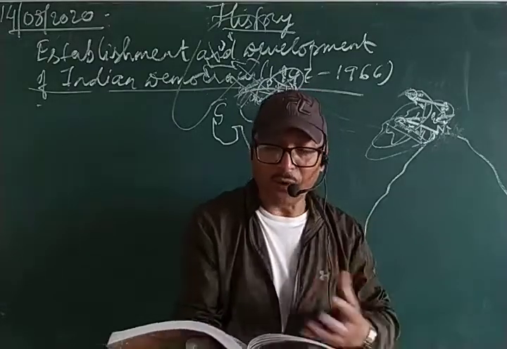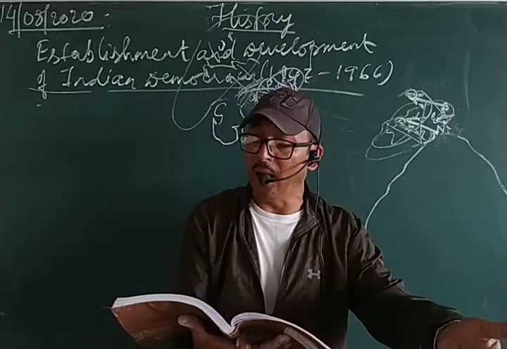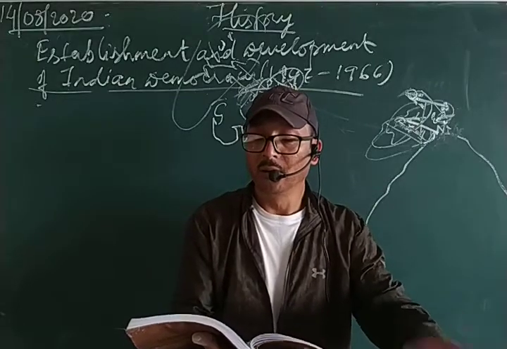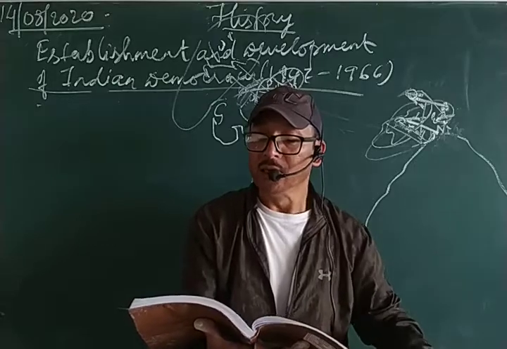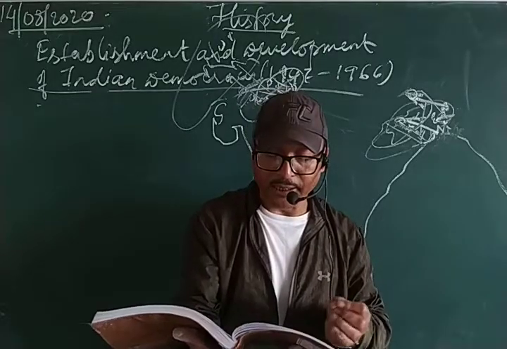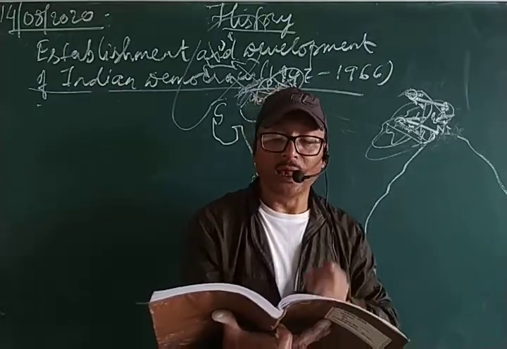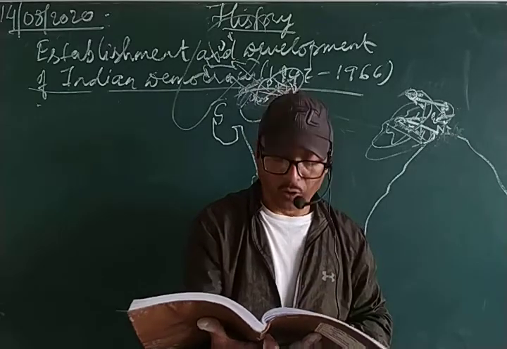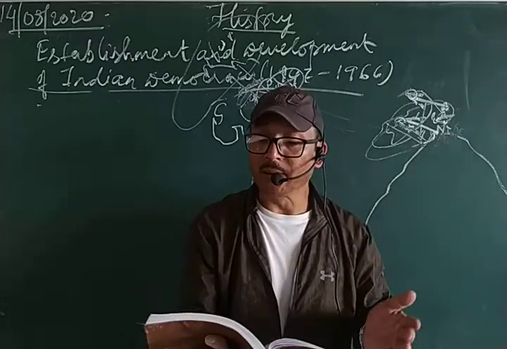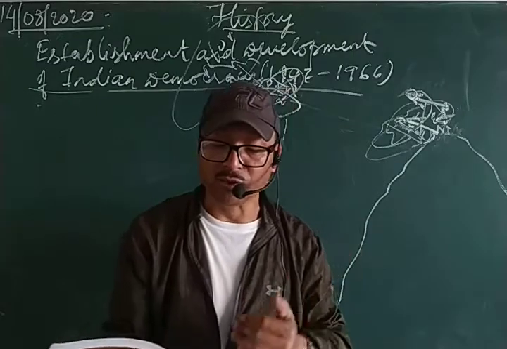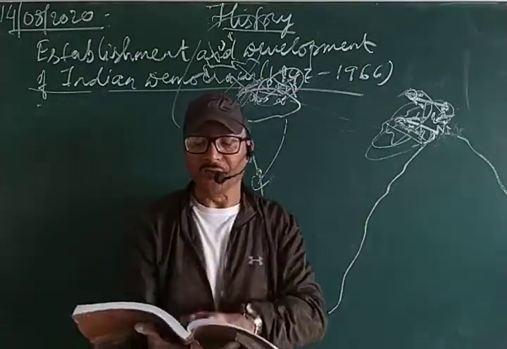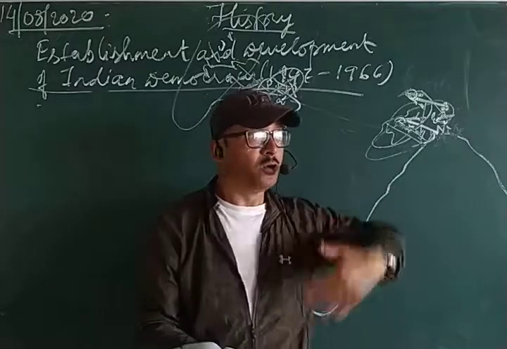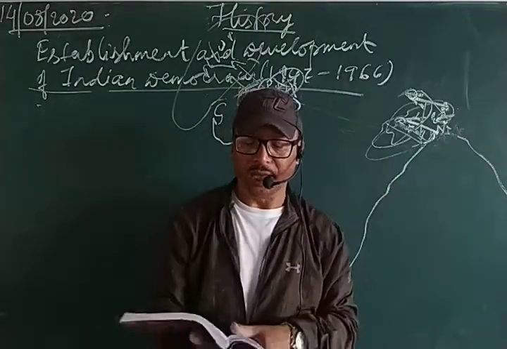That means a huge number of people from East Bengal came to West Bengal, compared to the Muslims who left West Bengal and entered East Bengal. Okay, the picture is very clear as to where a huge population entered India.